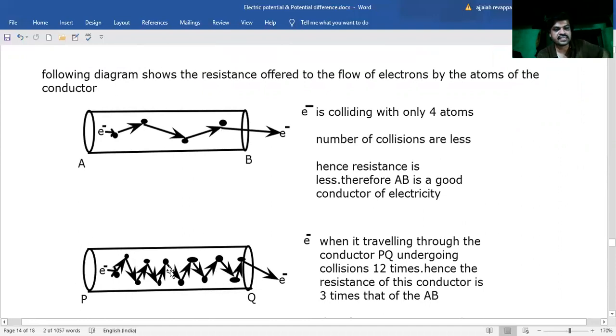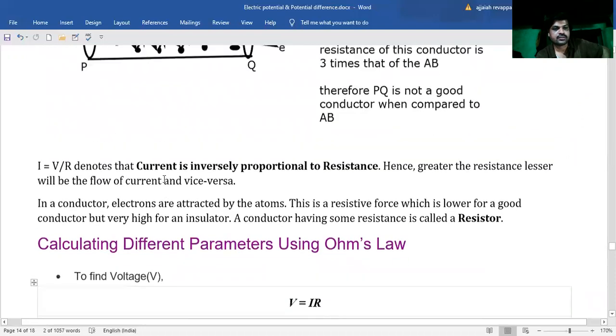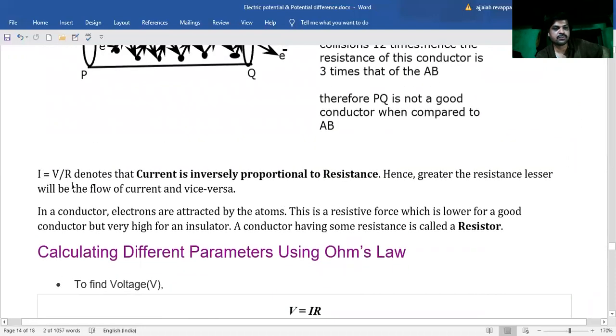So if resistance is greater, the number of collisions is greater, and then the current decreases. The flow of current or electrons through it decreases. So that's why current is inversely proportional to resistance. If resistance is more, current is less. If resistance is less, current is more. They are inversely proportional to each other.